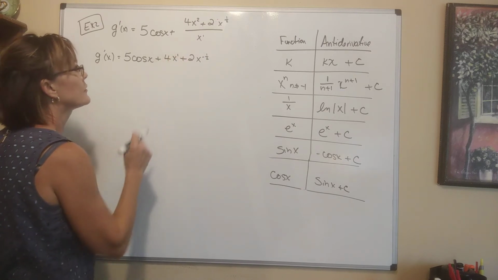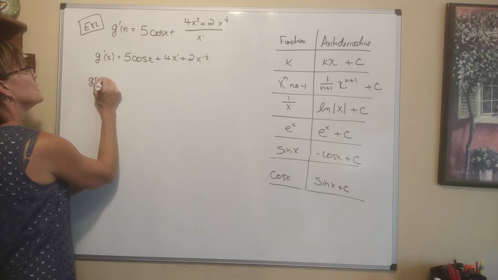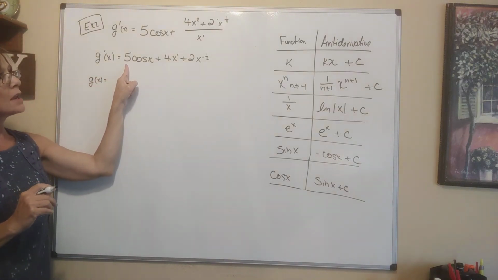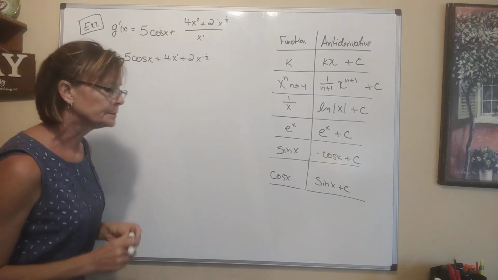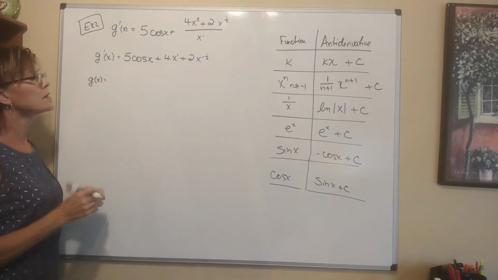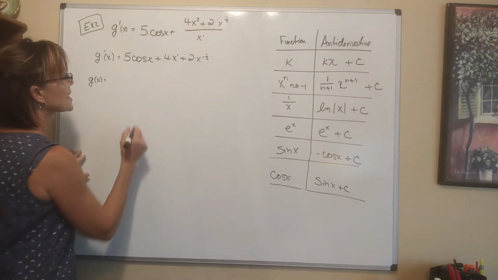So I'm going to put the g of x on there to help us figure this out. 5 is a constant. He's okay. He's just going to hang out right there. He doesn't affect anything. We look at the cosine of x. What function could you take the derivative of to get cosine? And so we know that that is sine.